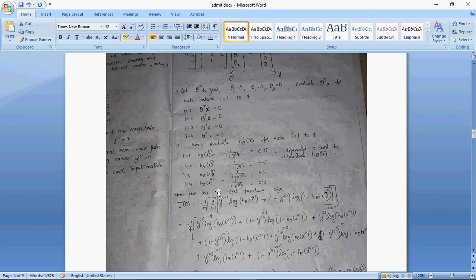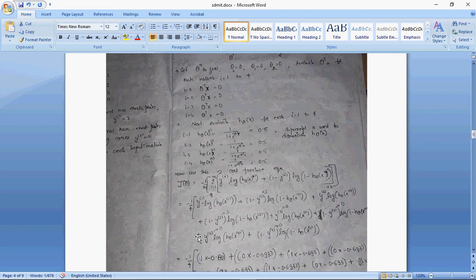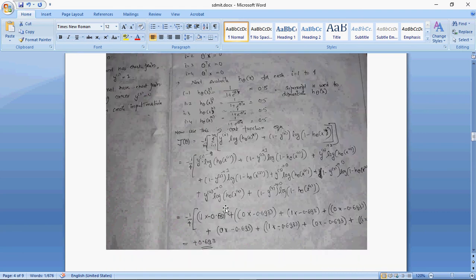Use these h thetas everywhere, substitute and evaluate the cost function. For the first iteration, you will get 0.693. Step by step I have written what goes, what stays.